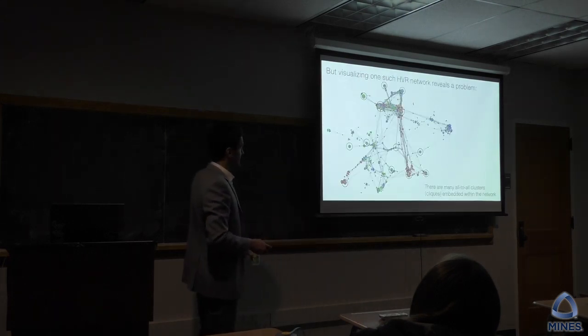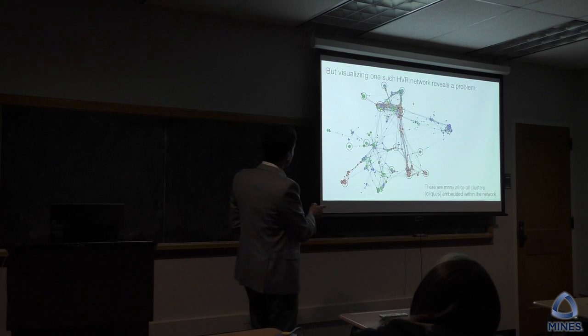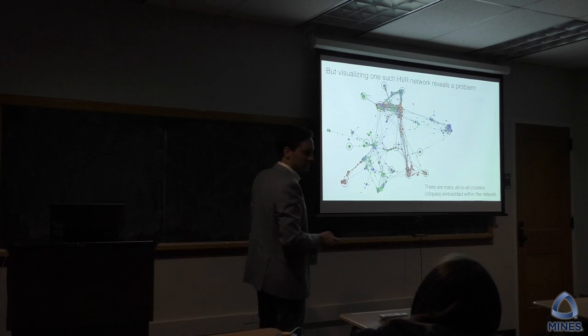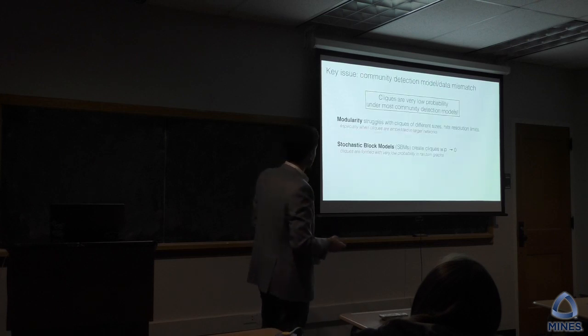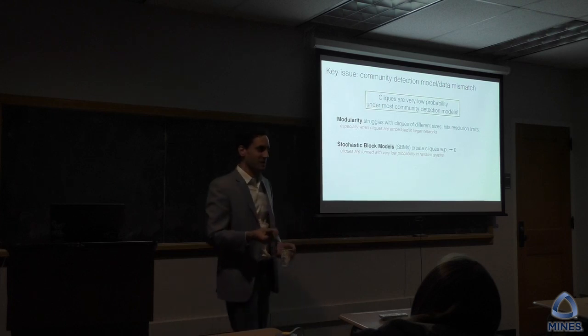But as it turns out, network visualization can really help us out here because it shows us that we're on the wrong track. If I visualize one of these highly variable region networks, I see a problem, which is that there are lots of all-to-all clusters or cliques embedded in this network. So the reason that I think this is a problem is because cliques are very low probability under most community detection models.